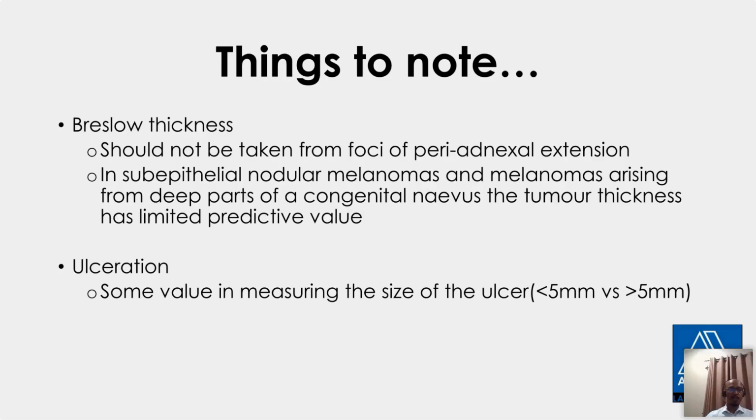It's also important to note that in subepithelial nodular melanomas and melanomas arising from the deep parts of congenital nevi, the tumor thickness has limited predictive value. The reason for this is that this is not a melanoma that's arising from the epidermis. Yet, when you measure the Breslow thickness, by definition, you're supposed to be measuring it from the granular cell layer. So it becomes a little bit difficult to get the Breslow thickness right. And that's why it's not as predictive in these particular types of melanomas.